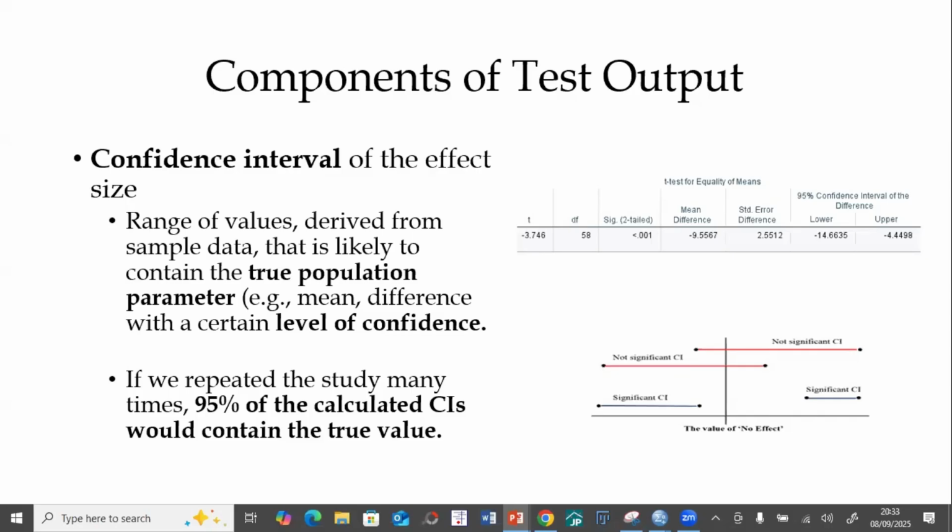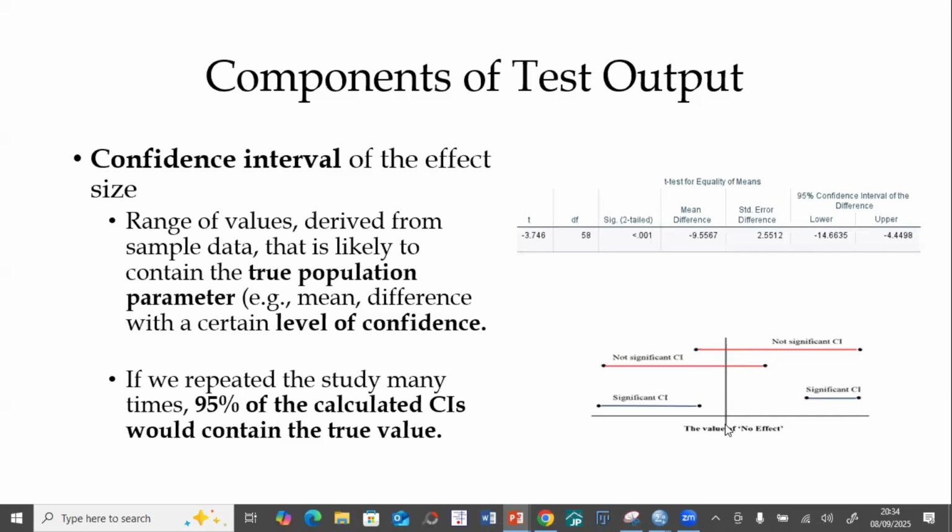So therefore, patients who are using the new drug have a lower blood pressure. So that's why you're seeing this negative here. But the 95% confidence interval is from negative 14 to negative 4. So all of them are on the same side of the number line. Now this line here represents 0.